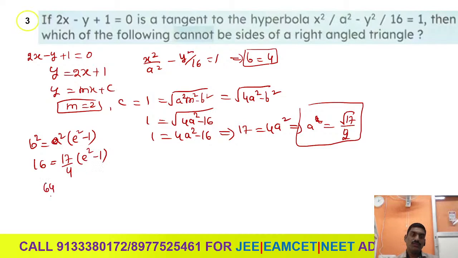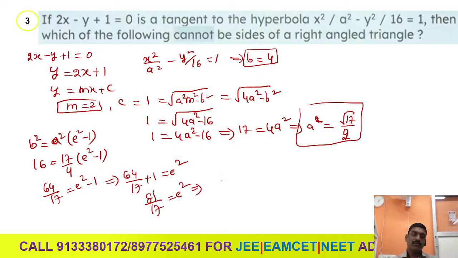So 64 divided by 17 is equal to e square minus 1. Then 64 over 17 plus 1 is equal to e square. 64 plus 17 is 81. 81 divided by 17 is equal to e square. From this, e is equal to 9 divided by square root of 17. This is the eccentricity. So with the help of the a value, b value and eccentricity, we can check the options to see which option is correct. Okay.